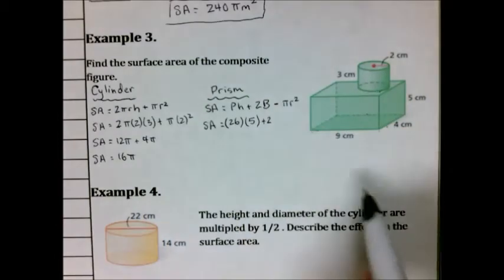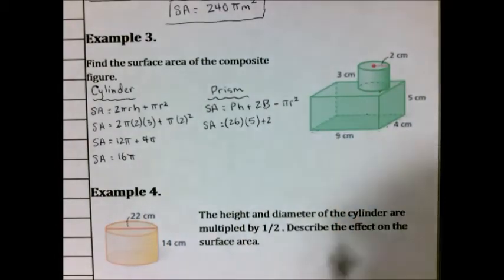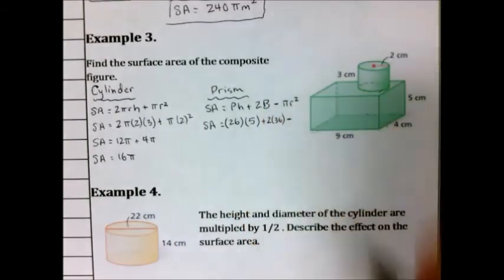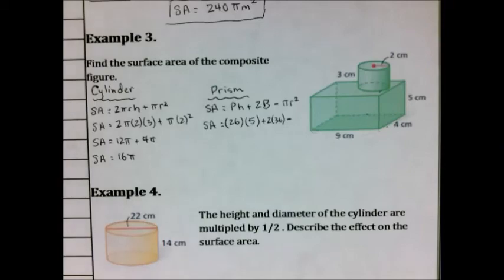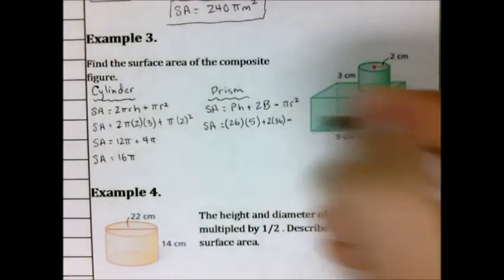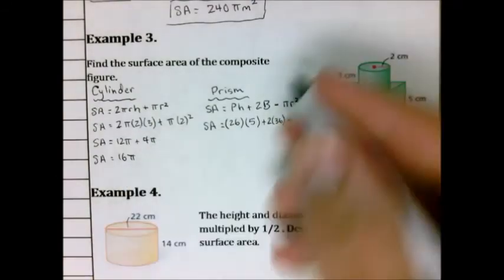Now the base area is 9 times 4, which is 36. And remember, we have to, at the very end, subtract out that little tiny part right here, which is pi r squared. So that's going to be, remember we just found that to be 4 pi.